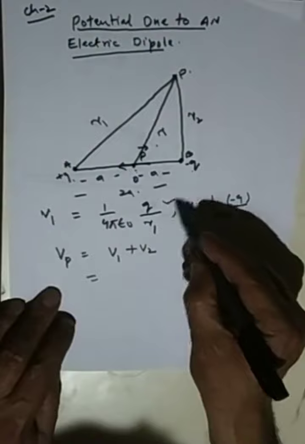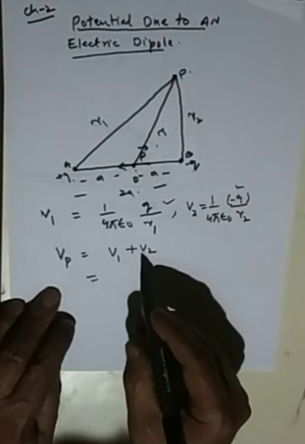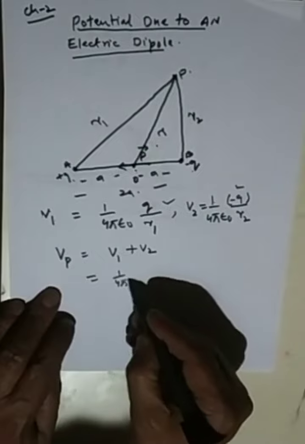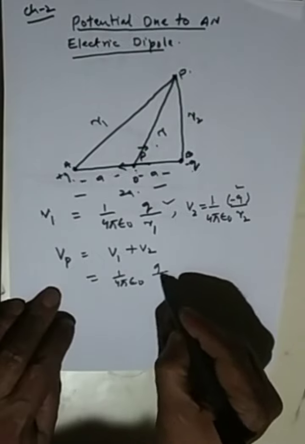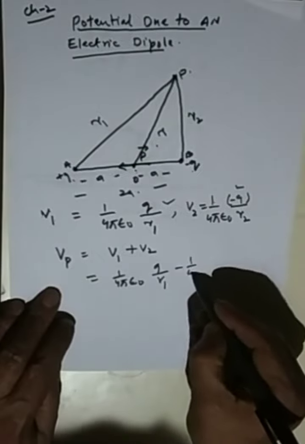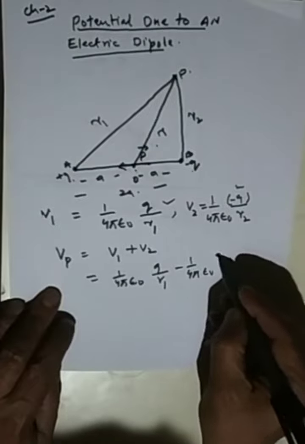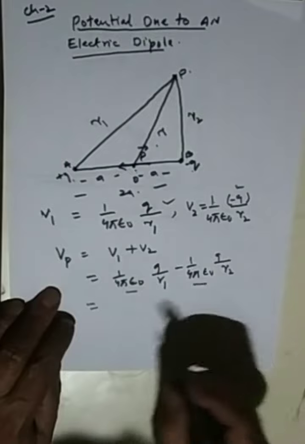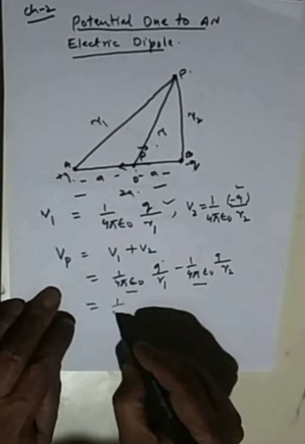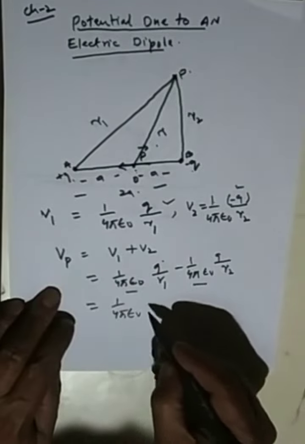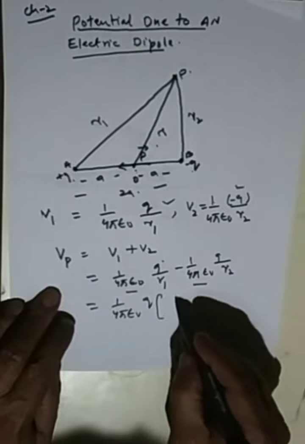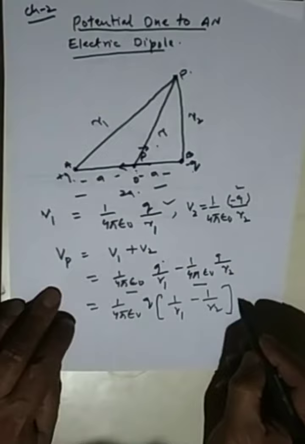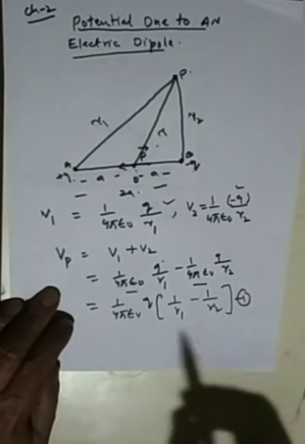If we substitute these values, we get 1 by 4 pi epsilon 0 Q by R1 minus 1 by 4 pi epsilon 0 Q by R2. We will take this common. So it will be 1 by 4 pi epsilon naught Q into 1 by R1 minus 1 by R2. Let us write this as equation 1.